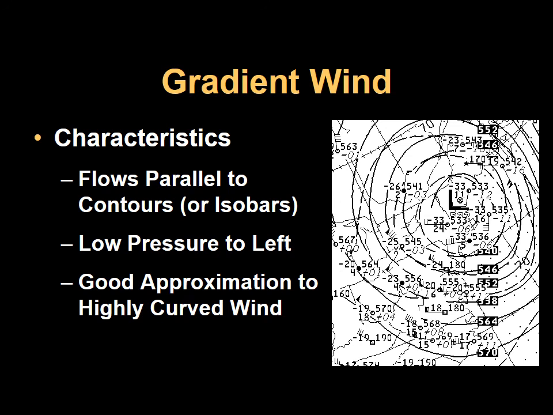So the gradient wind blows parallel to the contours or isobars, lower pressure to the left in the northern hemisphere, and as I mentioned, it's a very good approximation to highly curved wind.